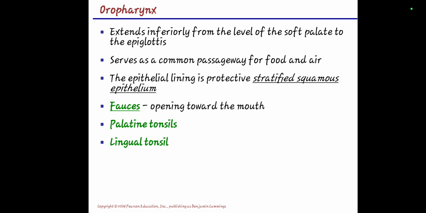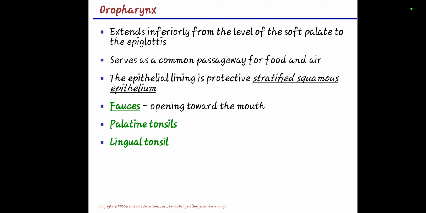It is covered by a mucous membrane of stratified squamous epithelium, and it contains secretory salivary glands. Unlike the hard palate, the soft palate is very flexible and does not contain any bony structure. That's why it's called soft palate.